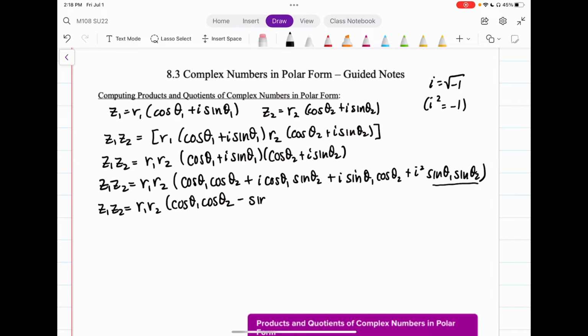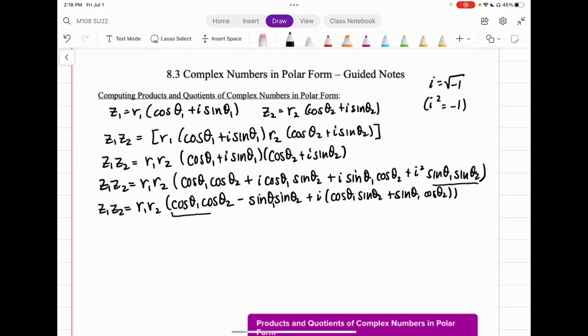That's minus sine theta 1 sine theta 2, plus i times (cosine theta 1 sine theta 2 plus sine theta 1 cosine theta 2). I just factored out that i from both of those terms.